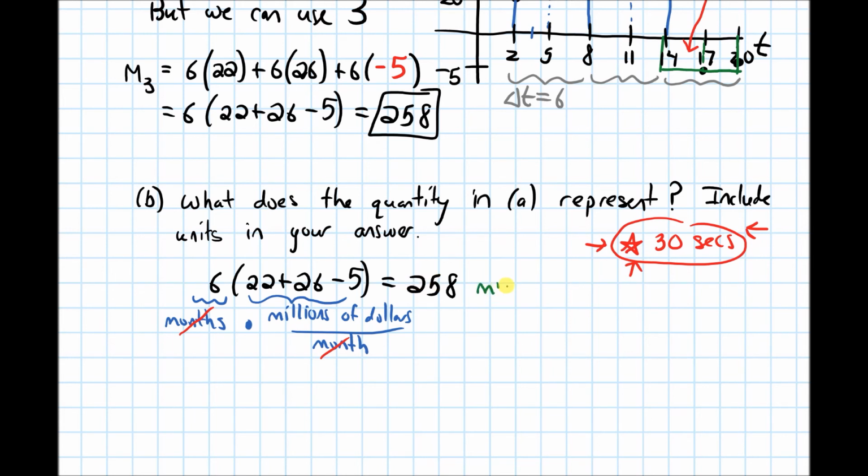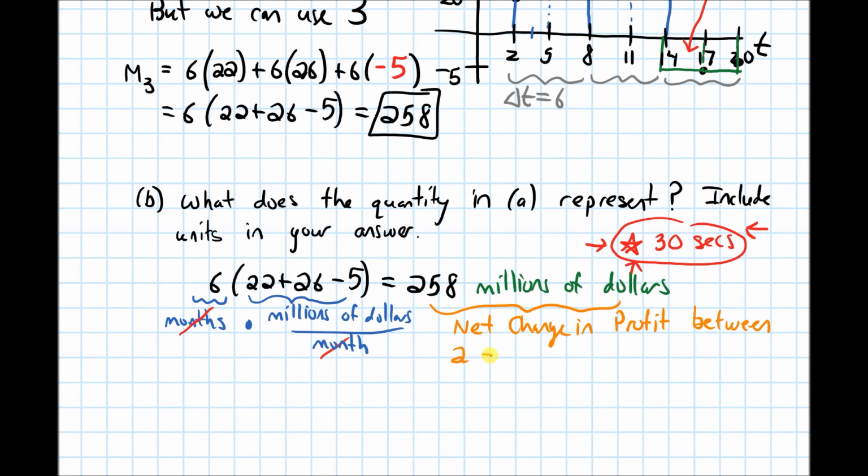This is 258 million dollars. That's a lot of money for this company. And what this quantity represents is the net change in profit between whatever this time period is. It was from t equals 2 to t equals 20.